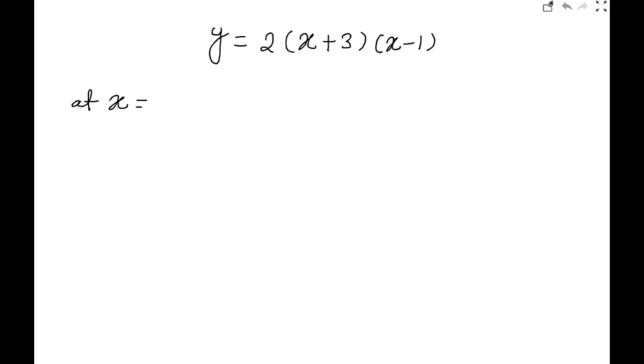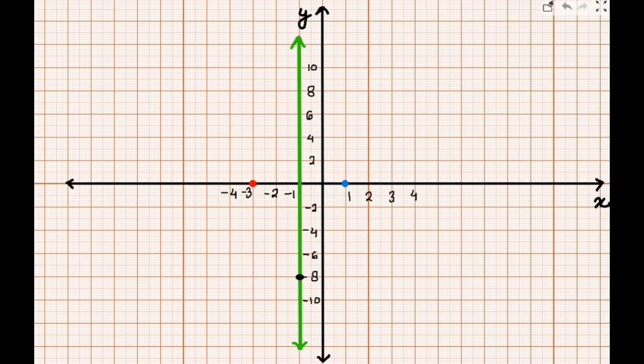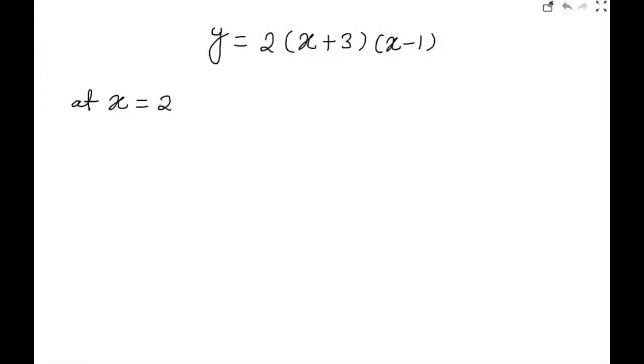So the equation, let me write it again: y equals 2 times (x plus 3) times (x minus 1). Let us say x equals 2. We could even have a table here, assume values of x, figure out the values of y and put them there. But because we already have certain points, we don't really need to draw a table.